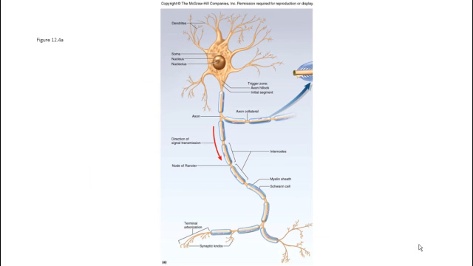So we'll start, of course, like every cell, with a cell body. And that's way up here at the top in this illustration. And this kind of brown button in the middle is the nucleus. But the cell body in a neuron is also called a soma. So neuron and nerve cell are synonymous terms. A nerve is made up of many, many neurons.